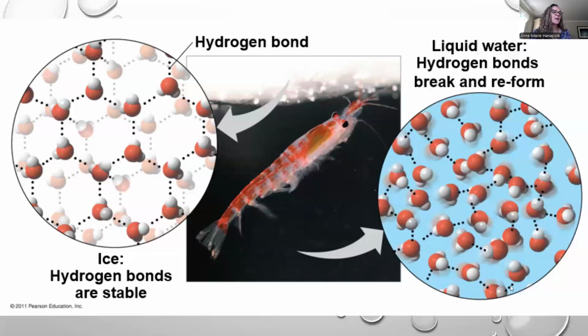type structure. So if we look at this picture here on the right, the liquid water is at 4 degrees Celsius. These water molecules are very, very close together. And then as it starts to freeze over here on the left, you can see how they're spread out more in this locked in lattice structure.